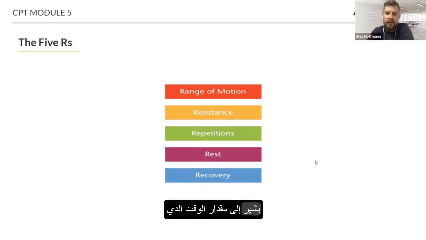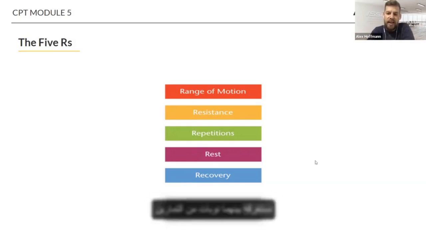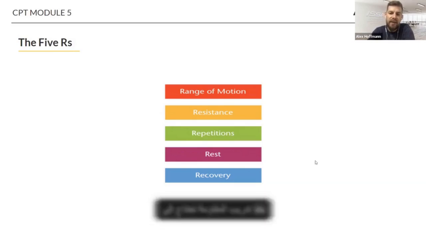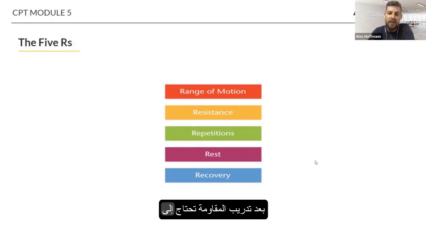Recovery is referring to how much time we are taking in between bouts of exercise or in between training a specific muscle group, right? So we know that typically after resistance training, our muscles need about 42 to 72 hours to recover. So if we train our biceps on Monday, they're not going to be recovered and ready to train again until a minimum of Wednesday. That's 48 hours later.